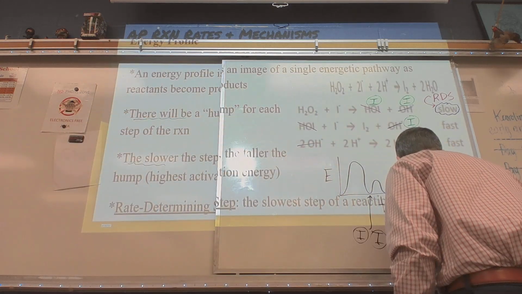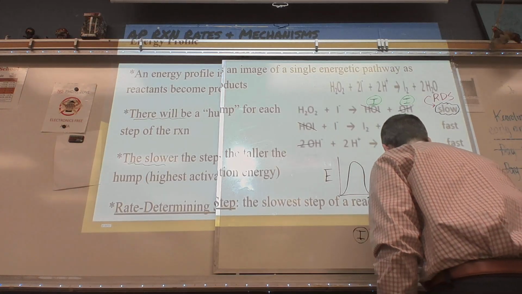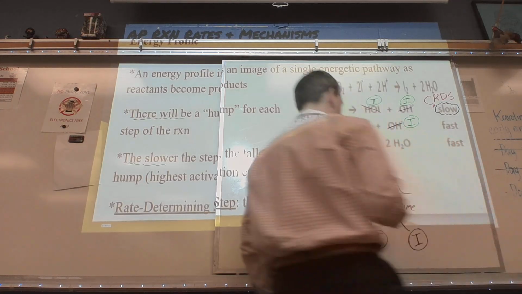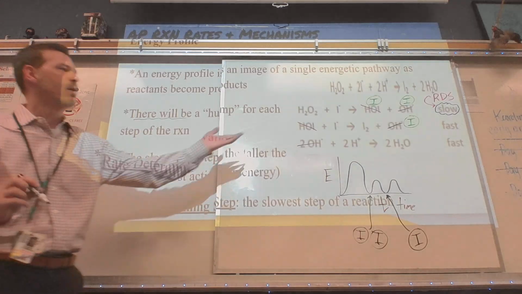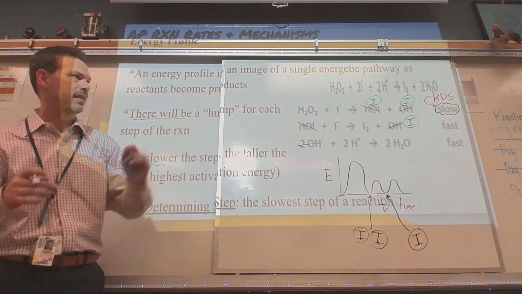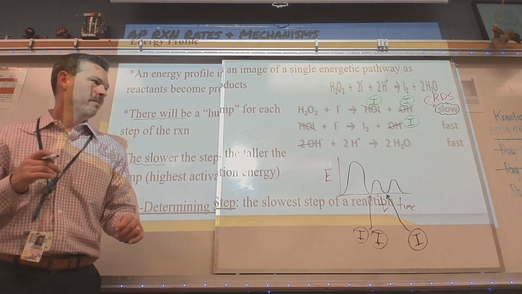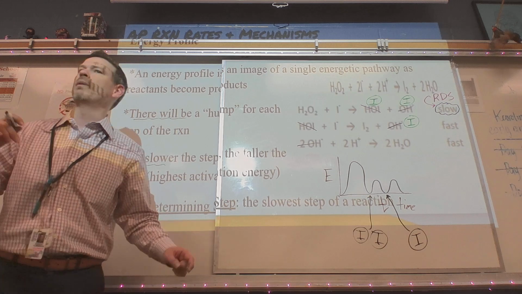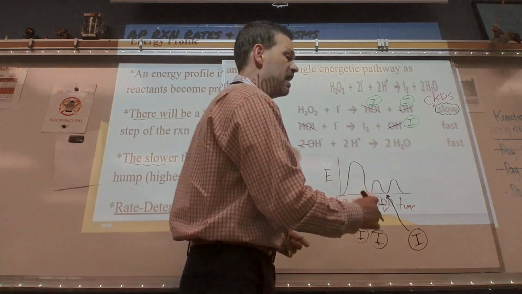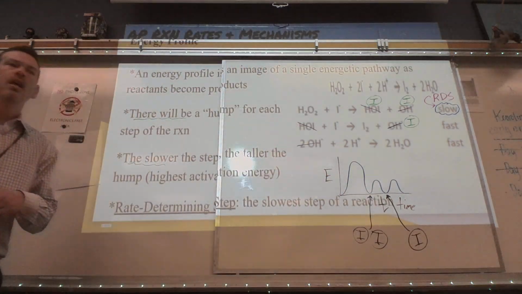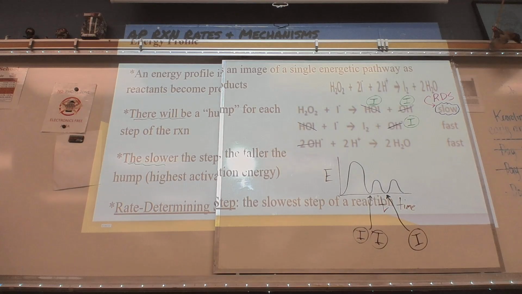There's another intermediate there at the end of the second step. And you could write what it is too, like hydroxide. And then what was at the end of the third step? Yeah, nothing, so you wouldn't label it, but you could mix that in with your energy profile.